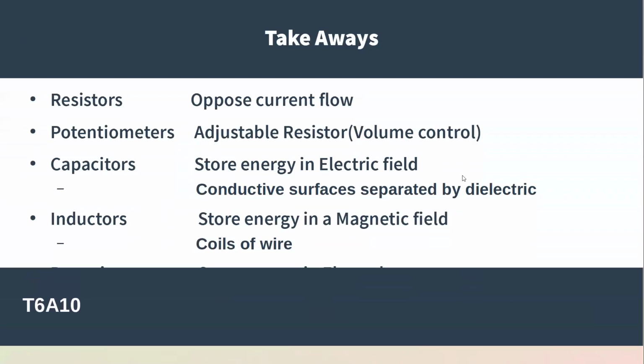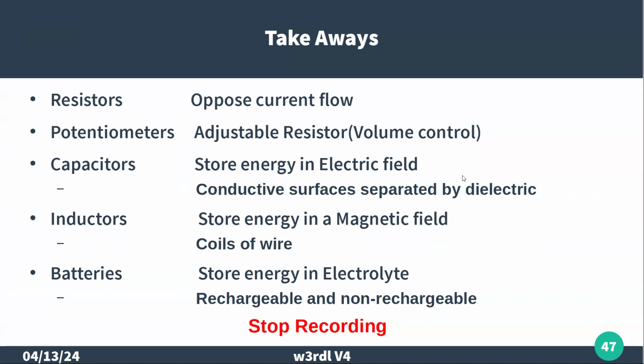So we learned that resistors oppose current flow, to all forms of current. A potentiometer is just an adjustable resistor, typically used as a volume or voltage control. Capacitors store energy in an electric field, and they're conductive surfaces separated by a dielectric.